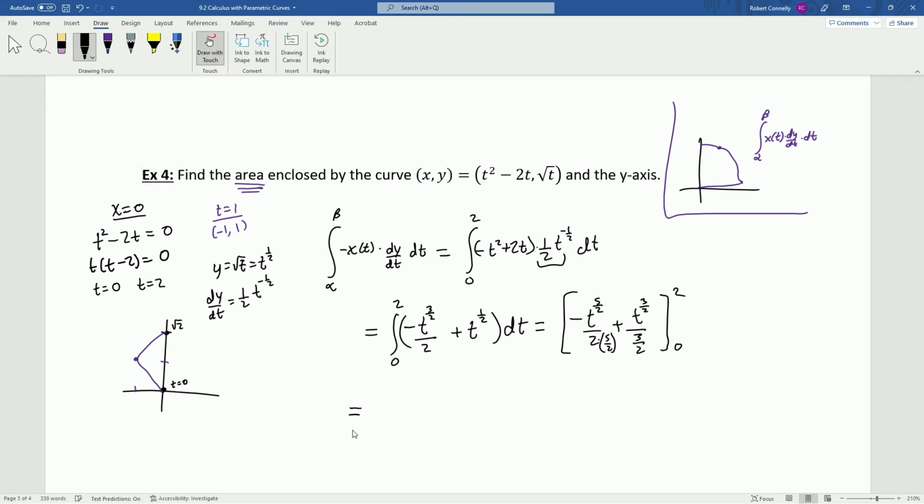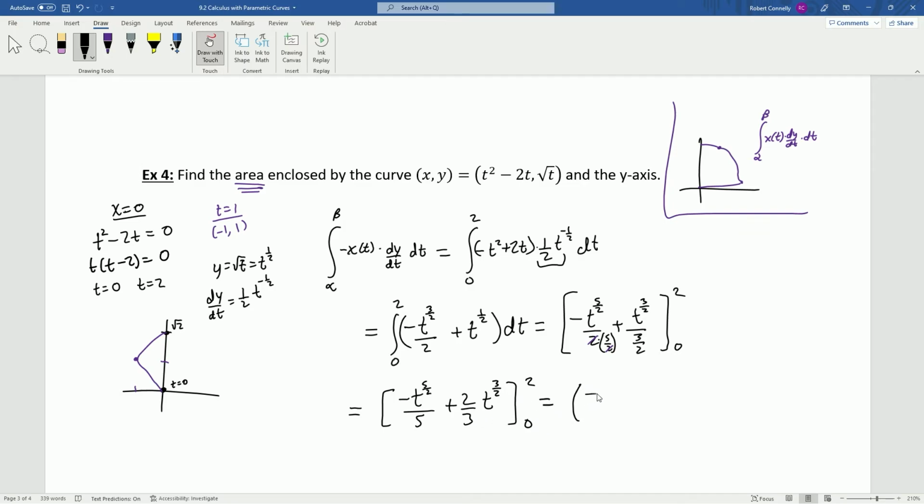Let's do a little bit more simplification while we're at it. This 2 over 2 cancels. And over here, dividing by 3/2 we'll rewrite as multiplying by 2/3. So this is really negative t to the 5/2 over 5 plus 2/3 t to the 3/2 from 0 to 2.